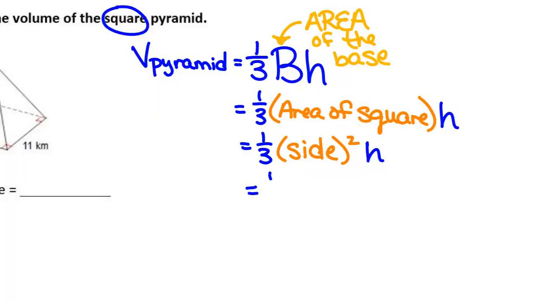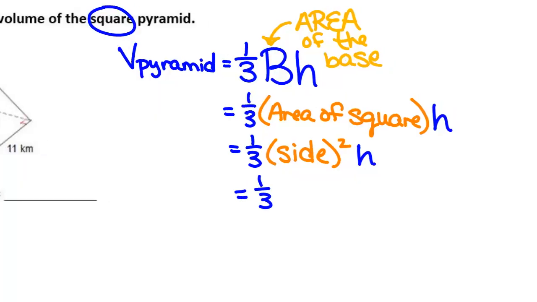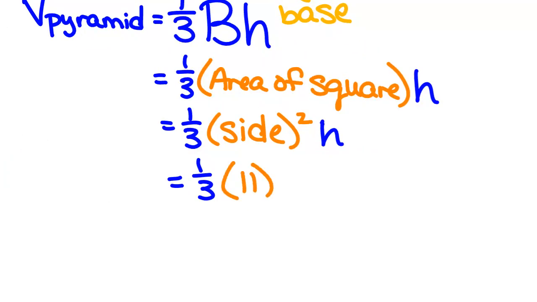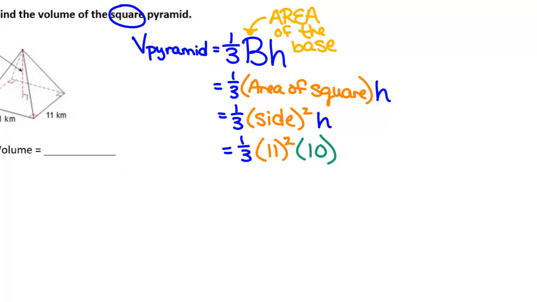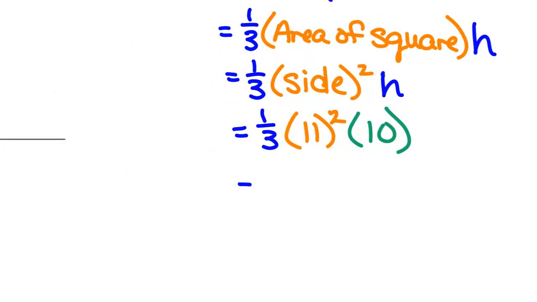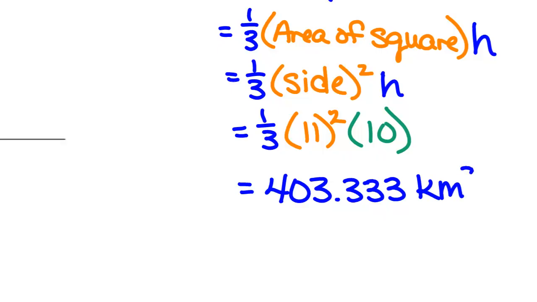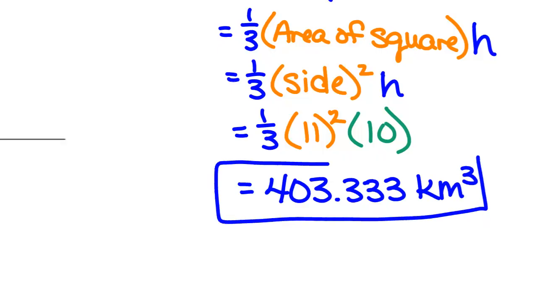How big are the sides of the square? 11. So 1/3 times 11 squared times what is the height of the pyramid? 10. So 1/3 times 11 squared times 10 gives us what? 403.333, or you could do 3 repeating. That would be kilometers cubed.